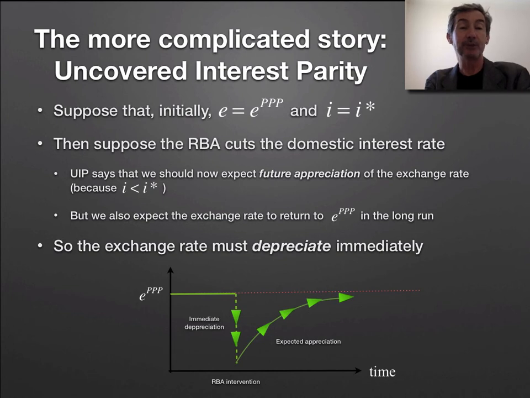And as I said, both of these stories, both the simple story and the complicated story, are true. The uncovered interest parity story is a bit more complicated because it's forward-looking, thinking about exchange rates. The other story just focuses on what happens in the foreign exchange market at the moment of the interest rate cut. But in the end, they're telling the same story.